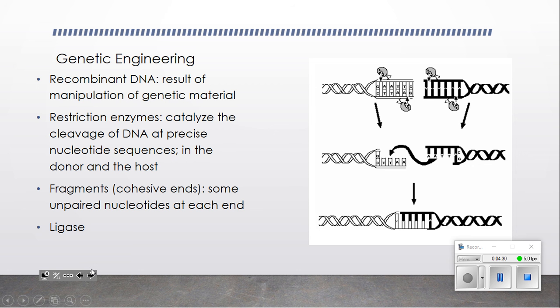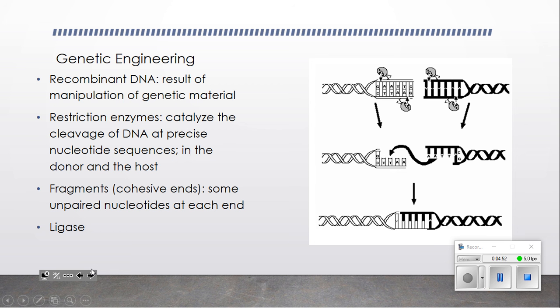So these fragments, these cohesive or sticky ends, they're unpaired, but they're the perfect complement to each other. So if I snip a piece of DNA from the donor and put it in a container where the DNA from the host has that same little sticky end, they will naturally match up and form hydrogen bonds.